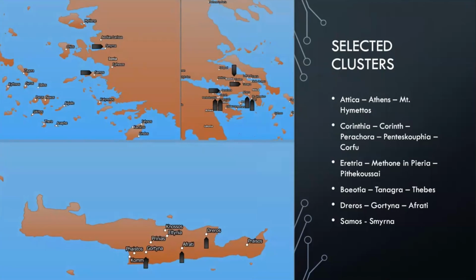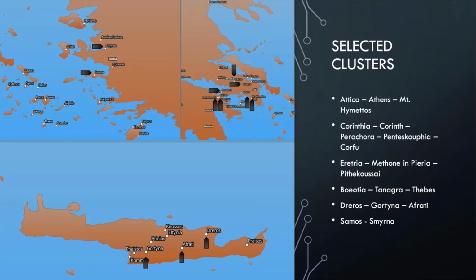Also, poleis and sanctuaries related to Corinthia, for example, Corinth, Trachora, Pendescopia, and the colony of Corfu, or the connection of Eretria with its colonies Methone, Pieria, and Pithecusae.